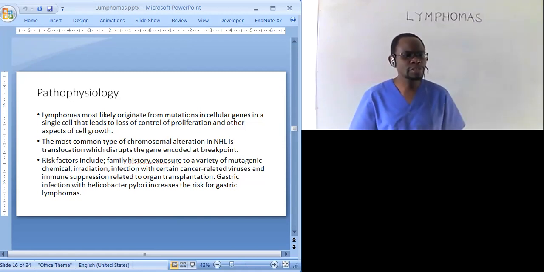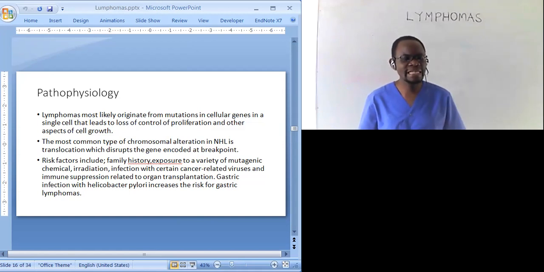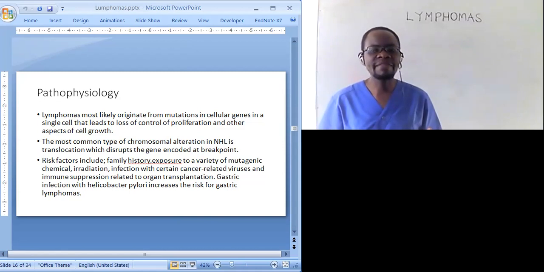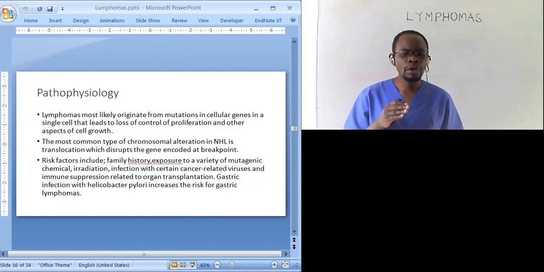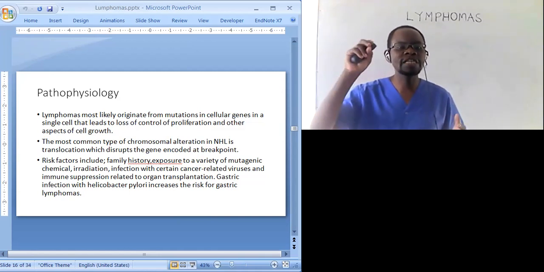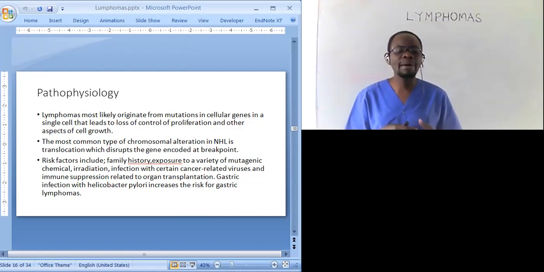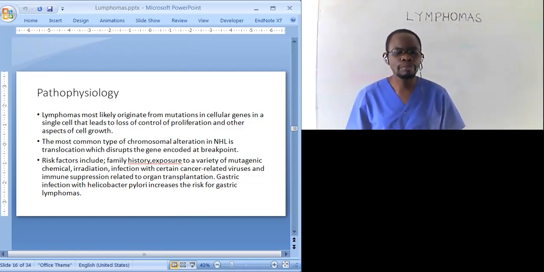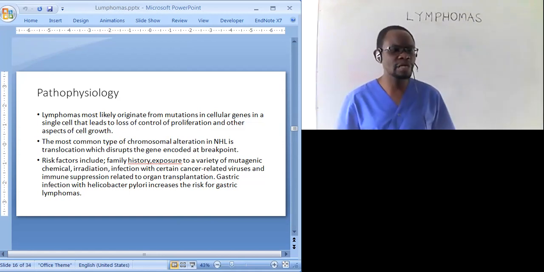So the point to take home here is that there is a mutation, and this happens as a result of a translocation, or a transfer of one gene from one site to another, bringing about an abnormal chromosome.